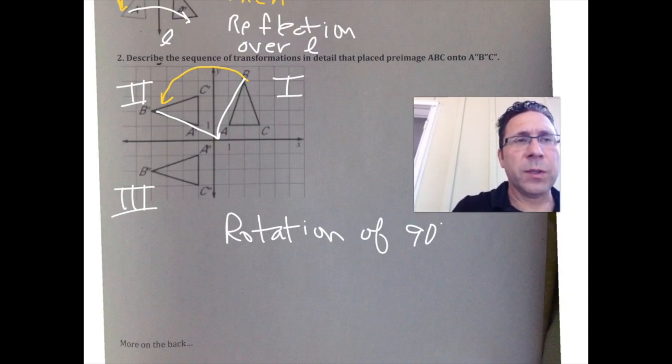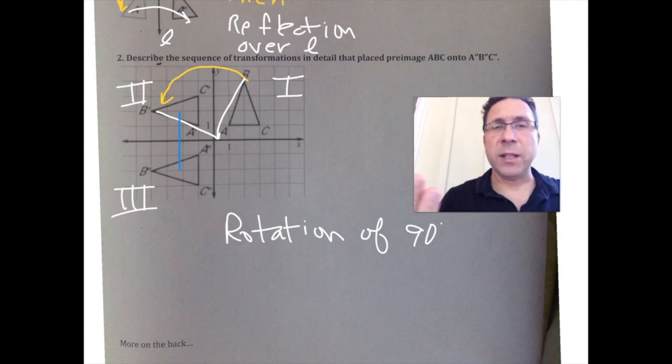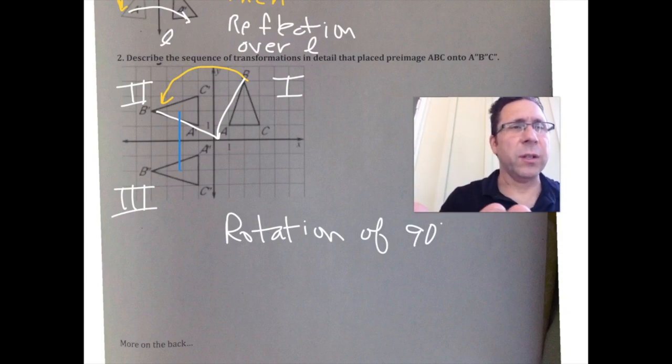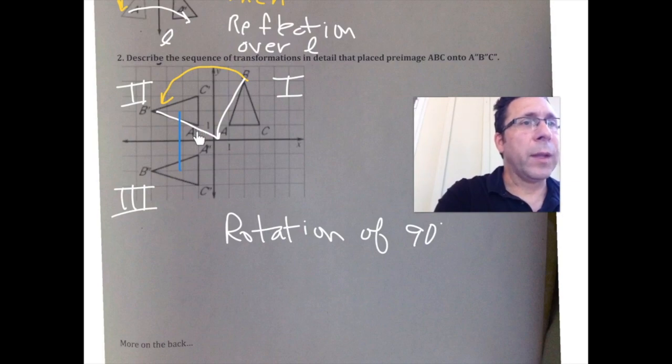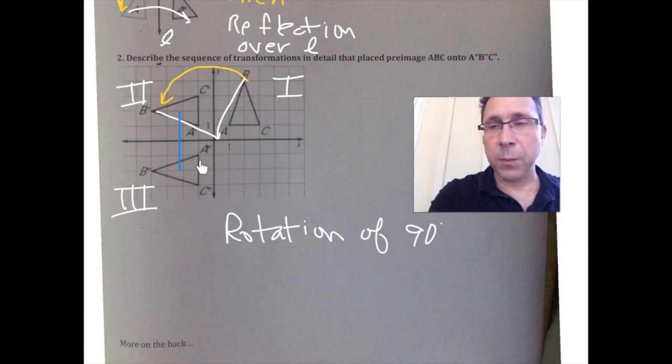And now to place the triangle from 2 onto the triangle on number 3, it could look either to be a translation or a reflection. And the way to tell is to take a look at the before and the after. So point A is starting off over here, A prime, and it's becoming this point over here, A double prime.